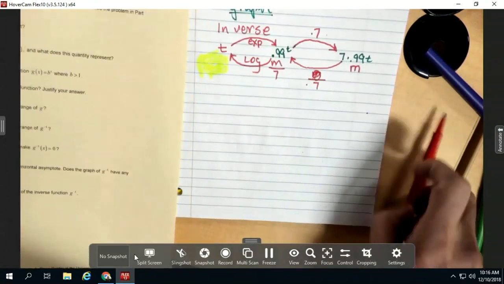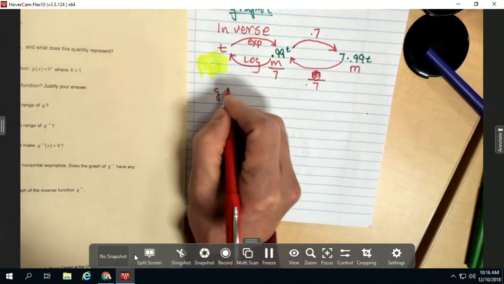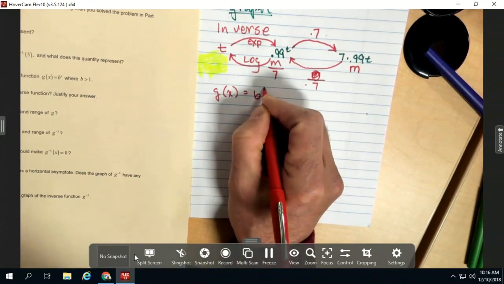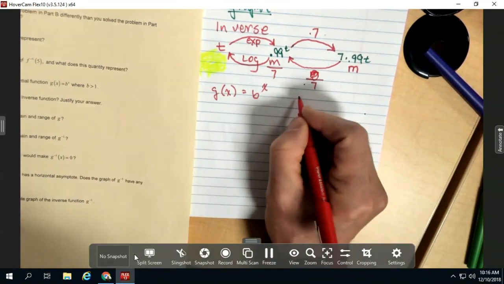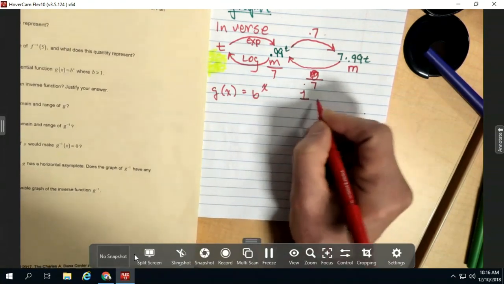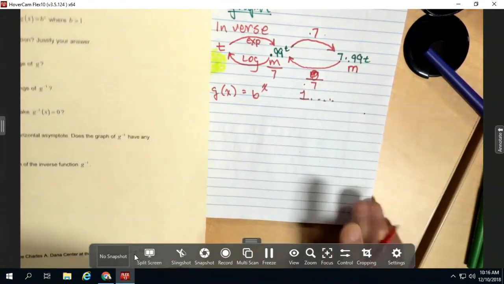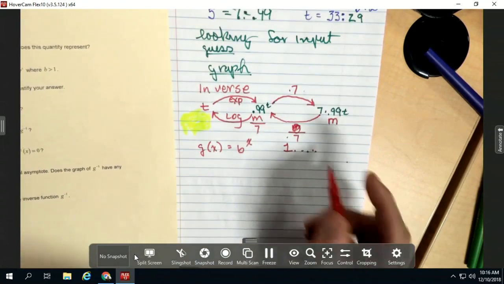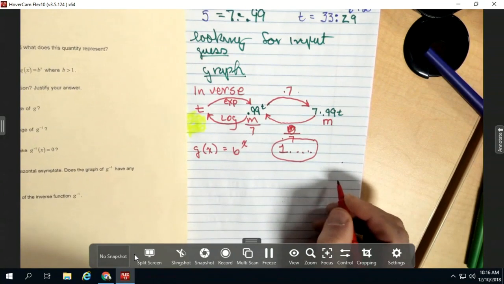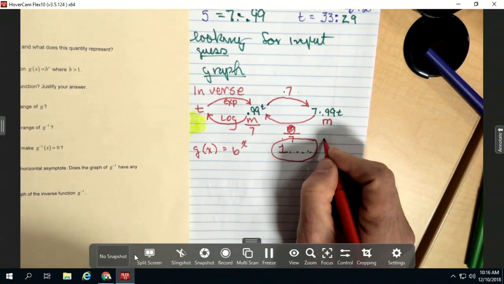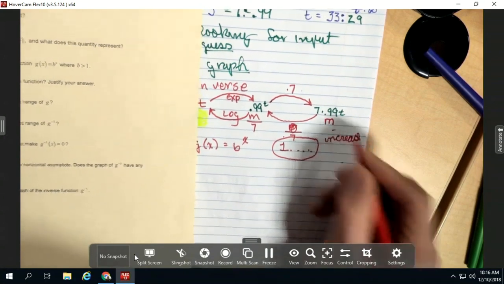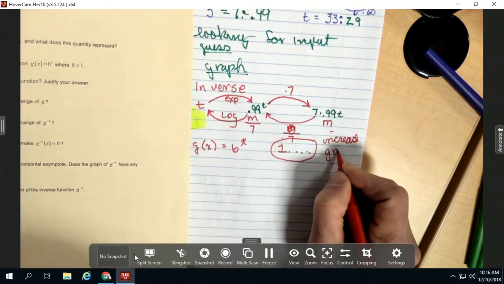Part 3. Let's take another one. G of x is b to the x, and this time b is greater than 1. 1 point something something. Because of that, what kind of function is it? A growth function.